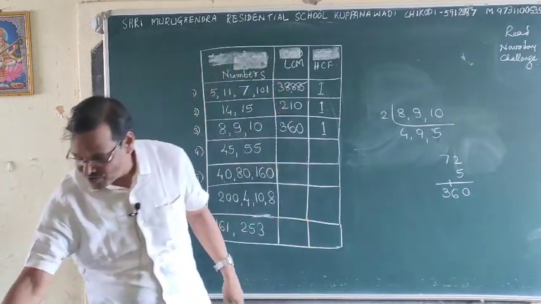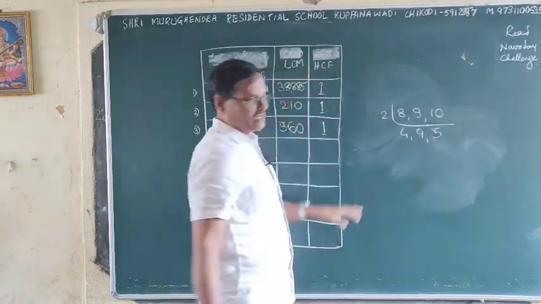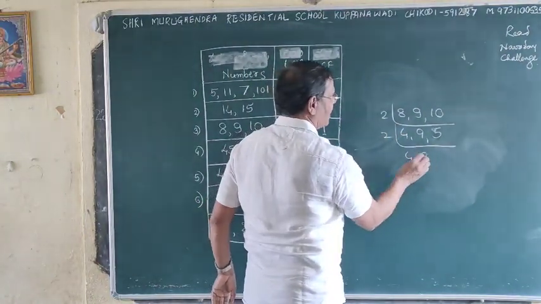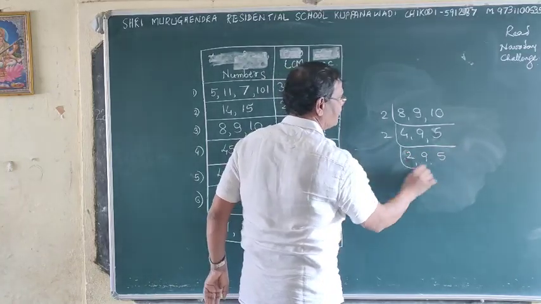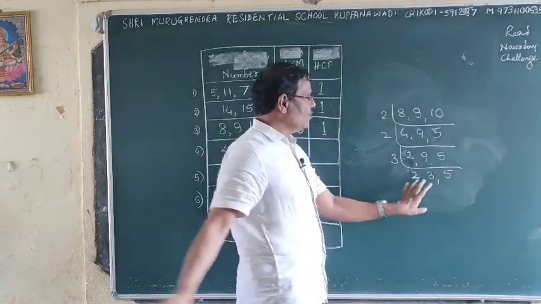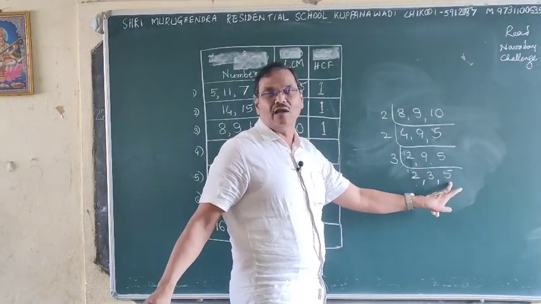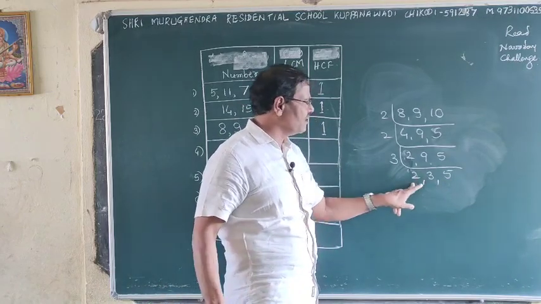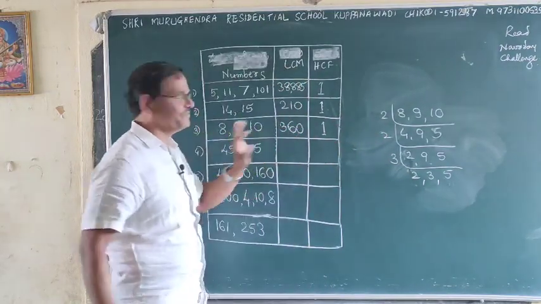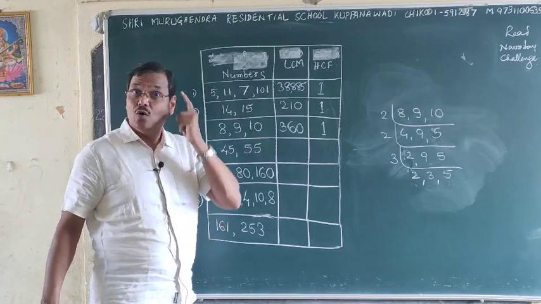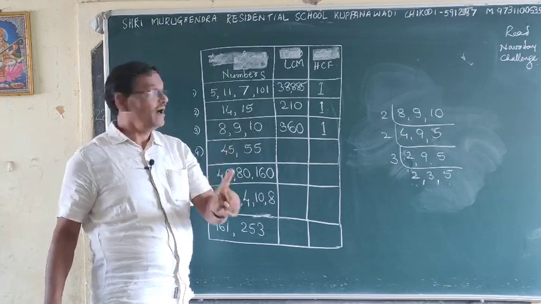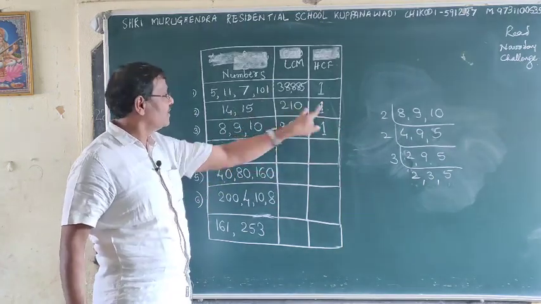If you are confused, you can go this way also: 2 4s are 2 2s, 5 same, and 3 we can do, 2 same, 3 3s are 5. Now different types of prime numbers are there, so we can do 5 3s are 15, 2s are 30, 3 3s are 90, 9 4s are 360. Okay, so head is required. You should not go for this only when it is 2, then you go for this.